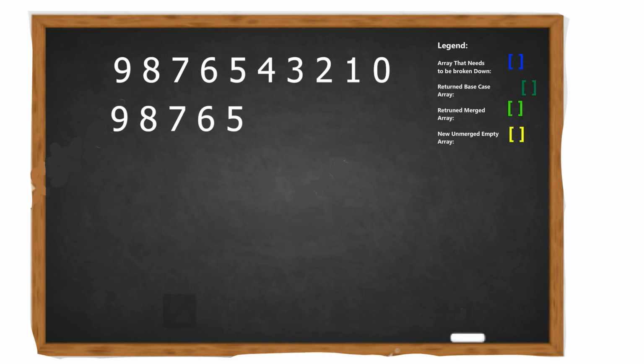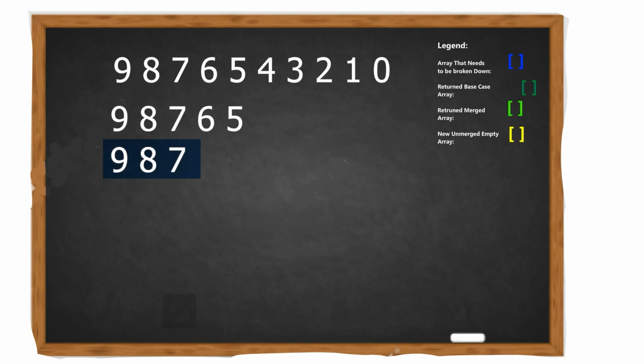If we cut that in half, it becomes 9, 8, 7 on the left, and on the right half it's 6 and 5. This is the second iteration. Let's go with the left half again, and we're going to cut it in half again.